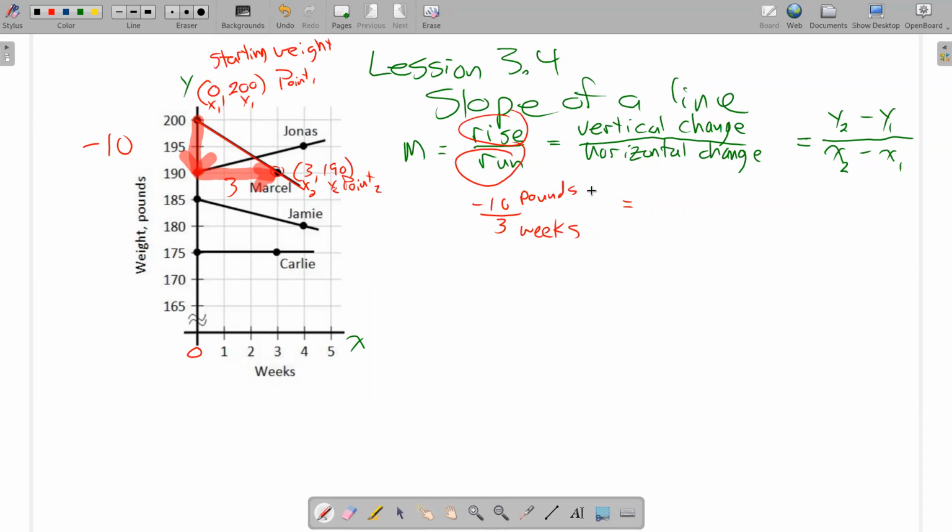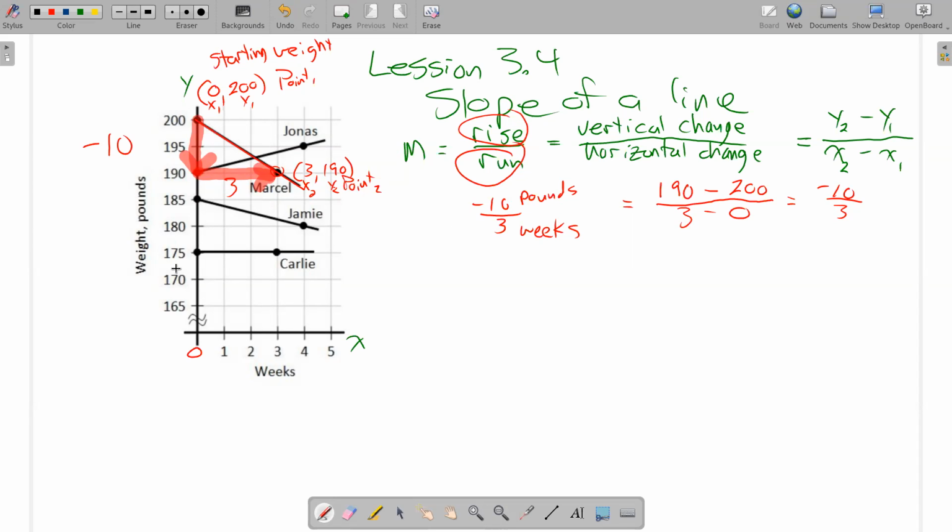So applying this formula, y2 was 190 minus y1, 200, over x2 was a 3, and x1 was a 0. So we had 190, we lost 200, that's a net loss of 10. And then had 3, lost nothing, so we keep 3. So there's the same numbers I saw in the graph.